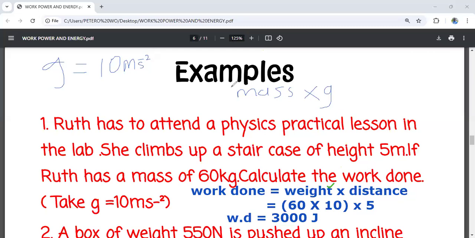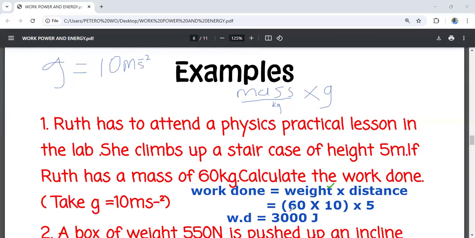So whenever they give you a mass, which is in kilograms, to make it a force or a weight, you multiply by 10 meters per second squared. So it becomes a weight. That's what we have done here in our solution.